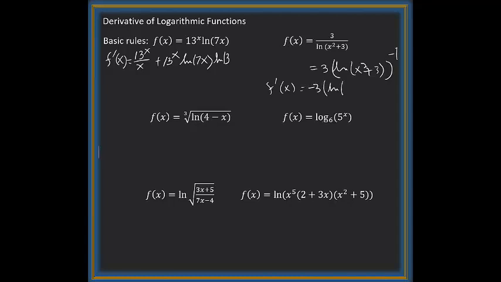Then you have natural log of x squared plus 3 to the negative 2. Now the derivative of inside will give you 1 over x squared plus 3, and then the derivative of x squared plus 3 further will give you 2x.